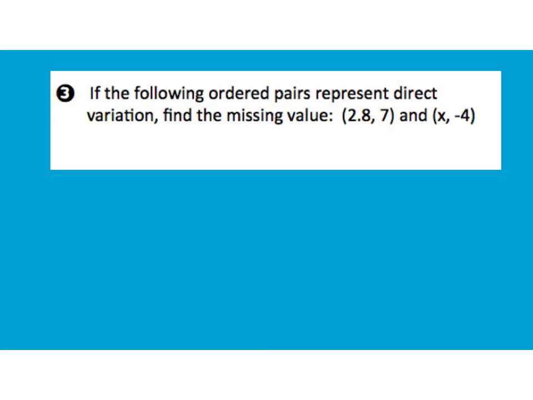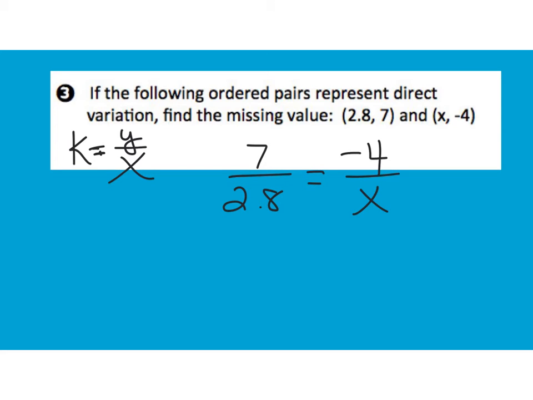If the following ordered pairs represent direct variation, find the missing value. So if this is direct variation, my constant is equal to a ratio. It's y divided by x. So if I do 7 is to 2.8, that's got to be the same as negative 4 divided by x. These two things have to be equal, and that forms a proportion.